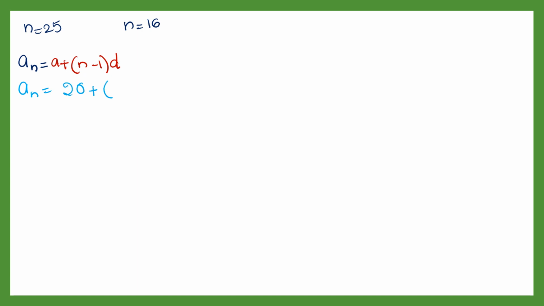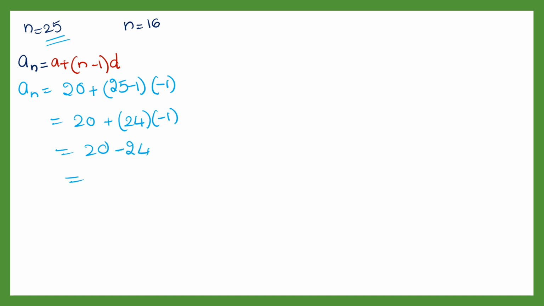N is what here? 25. So 25 minus 1 into common difference is minus 1. So you will get 20 plus 24 into minus 1. 20 plus into minus is minus 24. An is what? Minus 4.